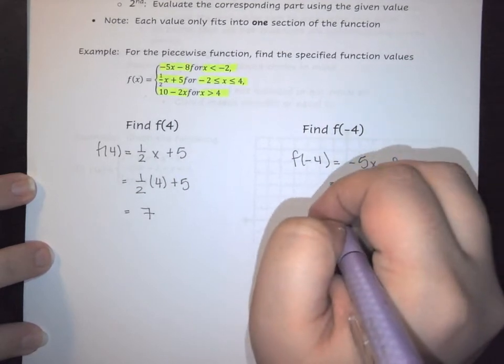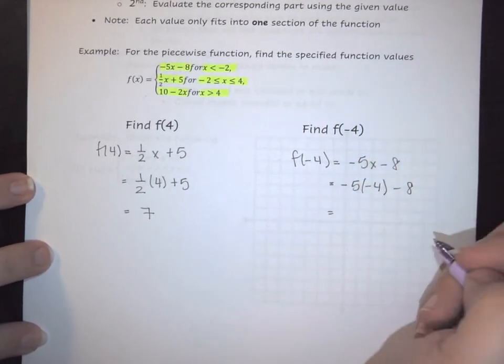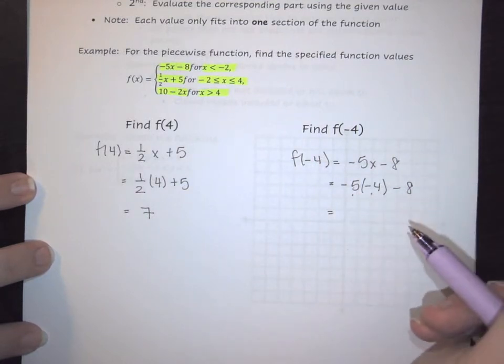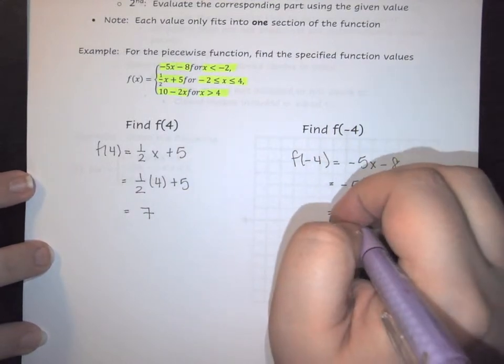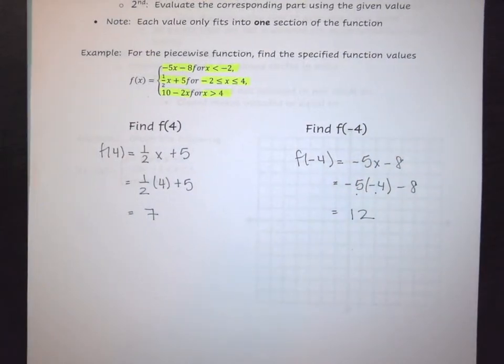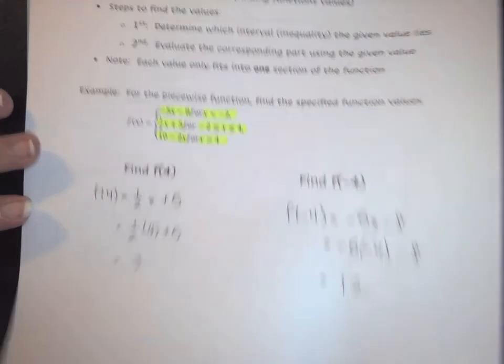And what we end up getting is negative 5 times negative 4 is a positive 20, minus 8 gives you 12. And again, that is all you would do. You wouldn't plug it into any other equation because it doesn't fit anywhere else. Okay, so that's evaluating a piecewise equation.